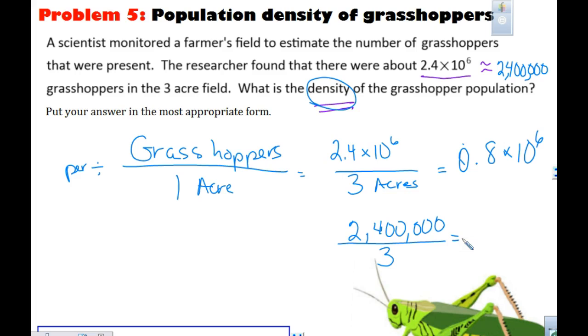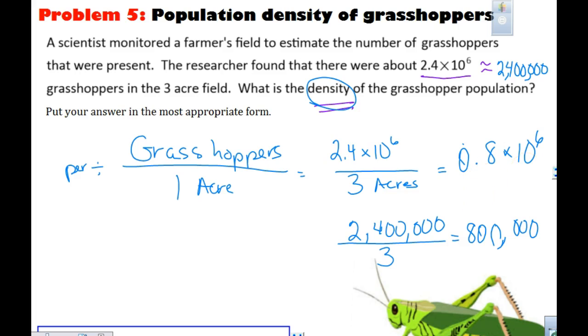We are looking at how much? Put it in your calculator. 5 zeros after. So we're talking about, how would we say that number? 800,000. Oh, this was 0.8 times 10 to the 6th.